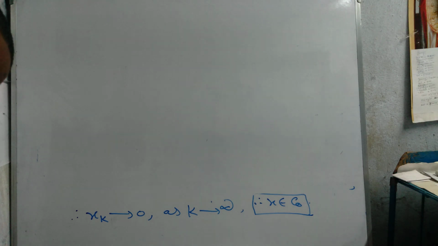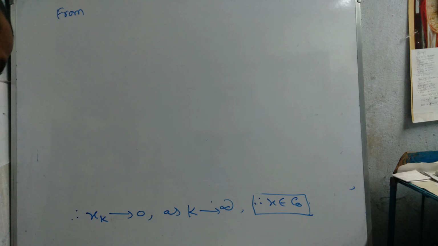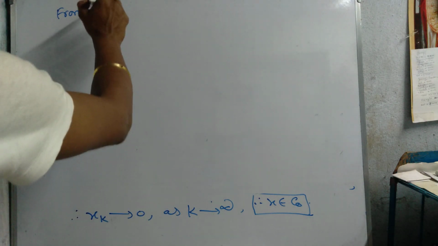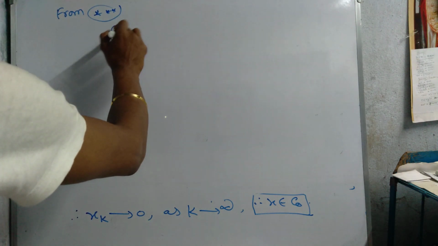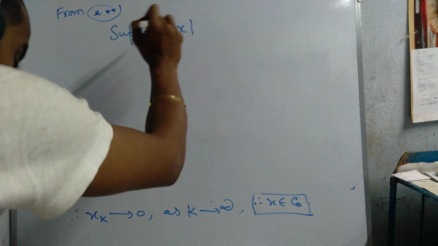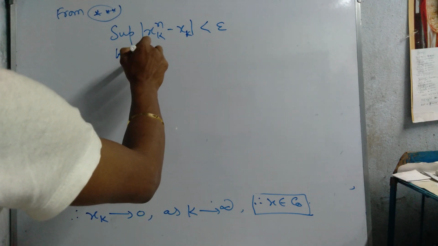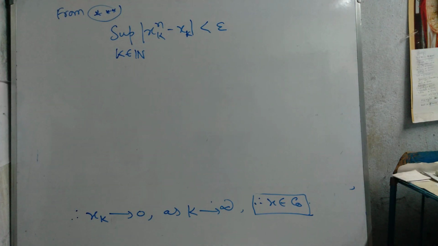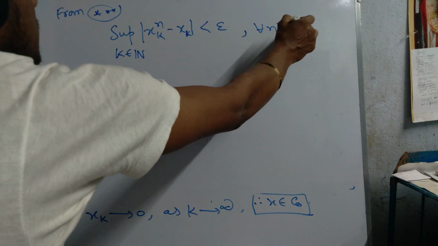Then we write it here in this way. From this triple star, the supremum of the modulus of xk^(n) minus xk is less than epsilon, k belongs to N, for all n greater than or equal to n0.